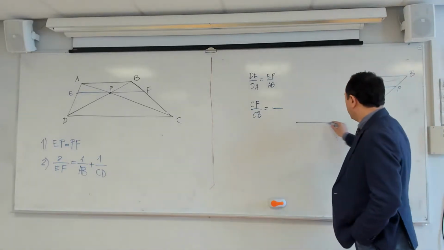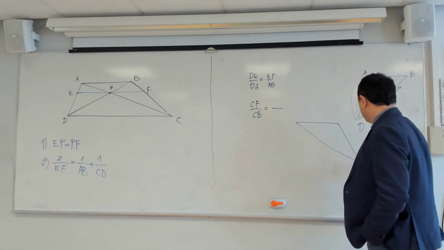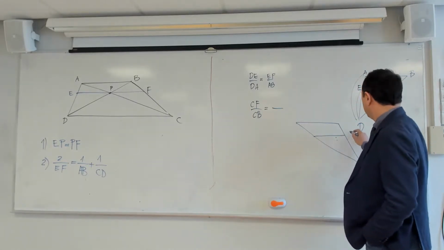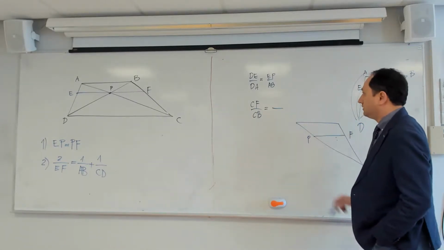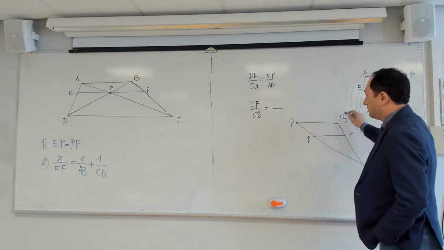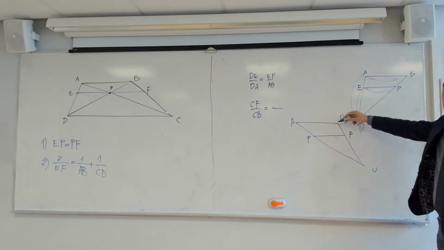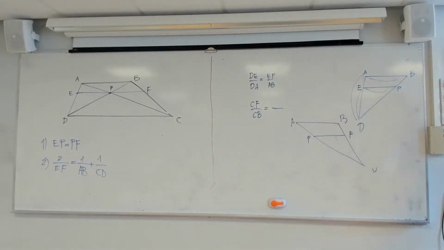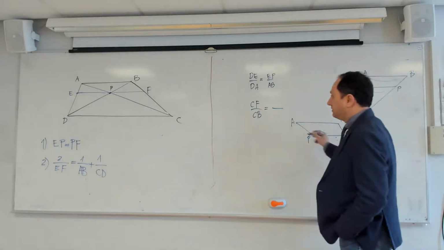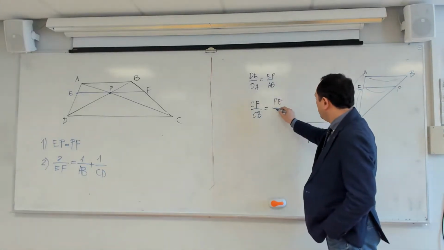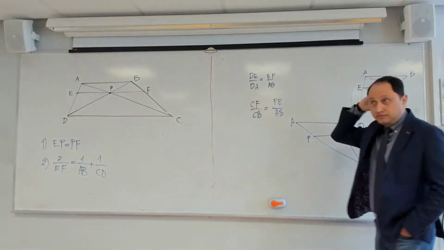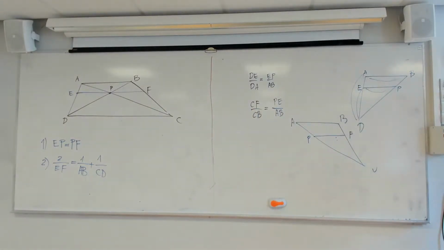So this is the other way around. I have written CF over CB. So what do you write then? AB, PF, PF, AB. AB again. Exactly. Yes?